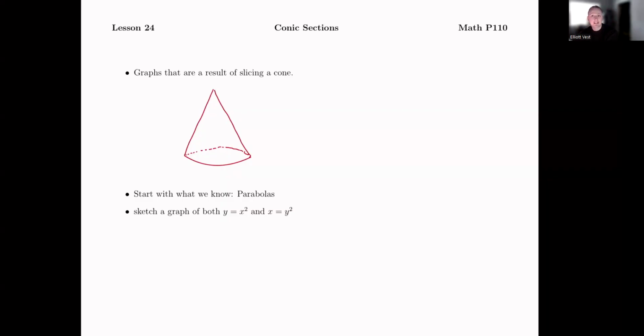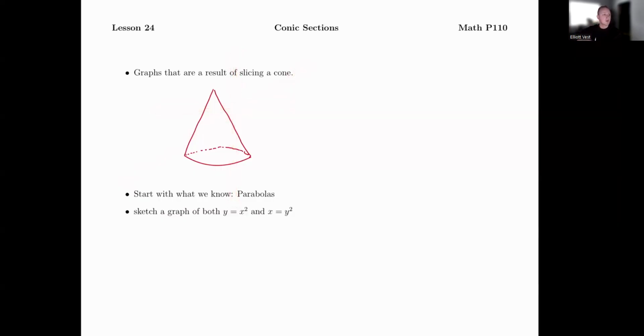Why is it called conic sections? Well, if you look at a cone, right, this looks like a cone or like an upside down ice cream cone, right? And you took some sort of slice of this cone in any slice. Imagine I get like my knife and I slice this way, or I get my knife and I slice down, or I get my knife and I slice like horizontally.